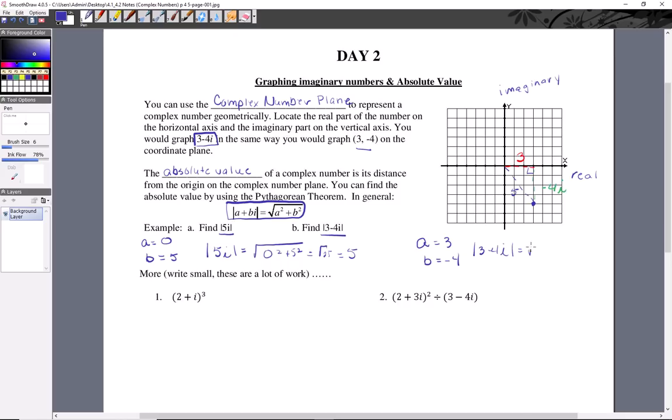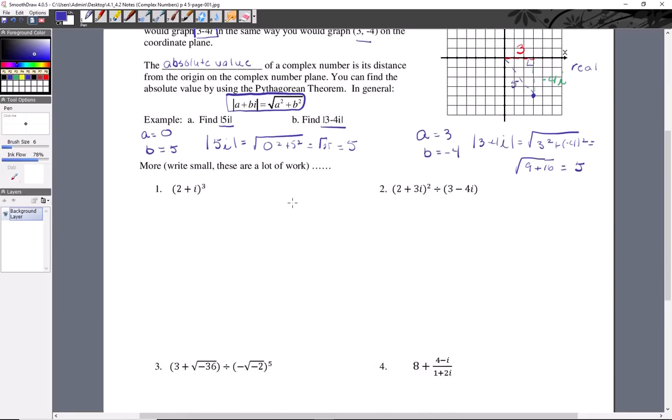Square root of 3 squared plus negative 4 squared. Well, that's just going to be the square root of 9 plus 16, which is the square root of 25, which again is going to be 5. All right, so there that is. It's really no harder than what you see right here.